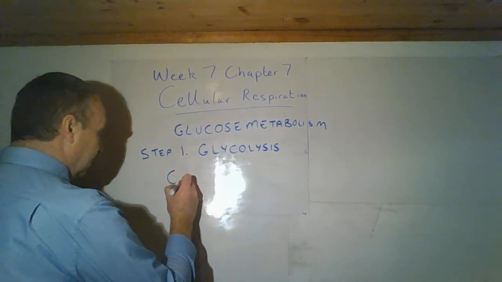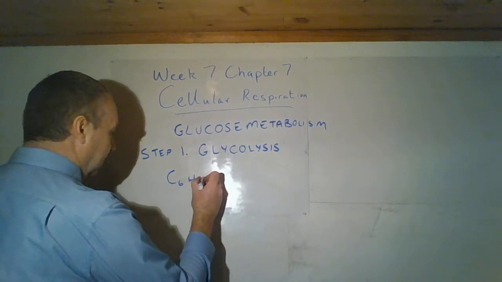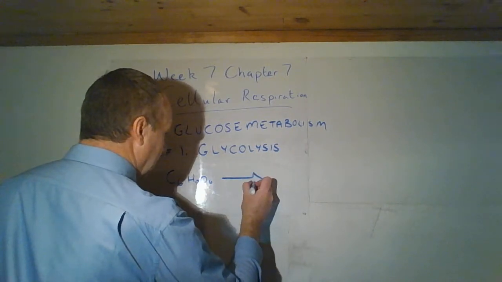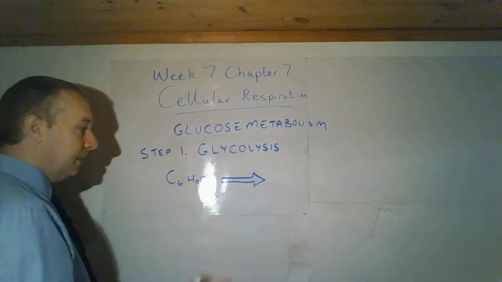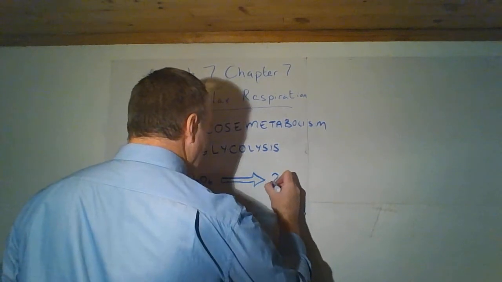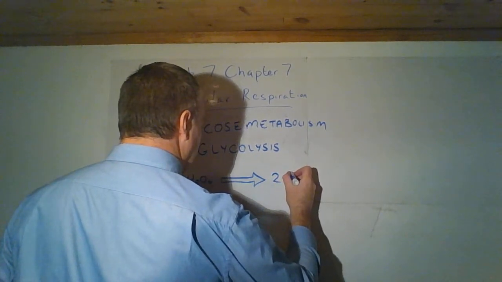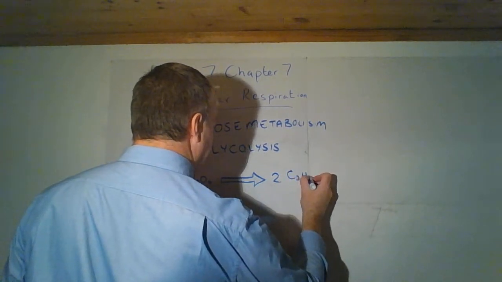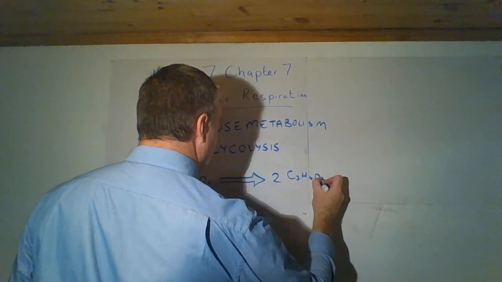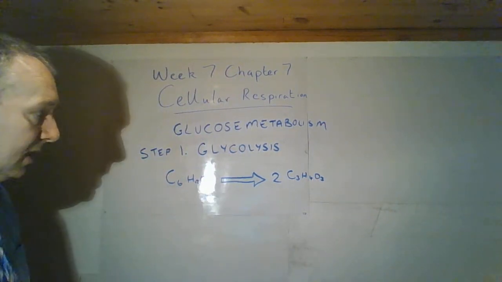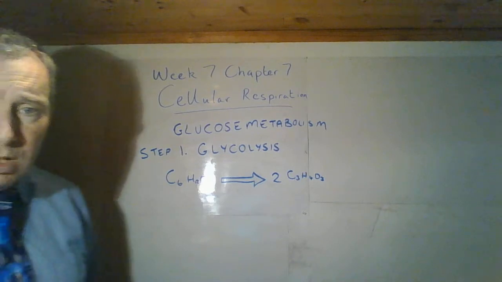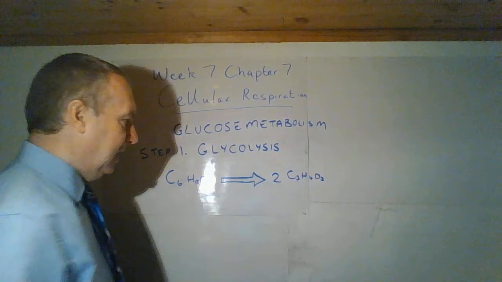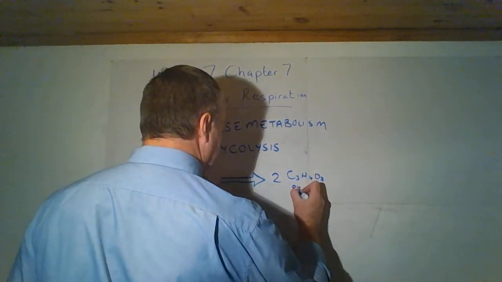So we see C6H12O6 glucose will become two C3H4O3, C3 molecules, and another product of that will be that we will get 2 ATP. This is called pyruvate, just so everyone is clear.